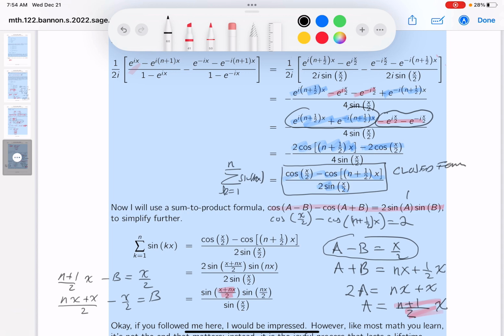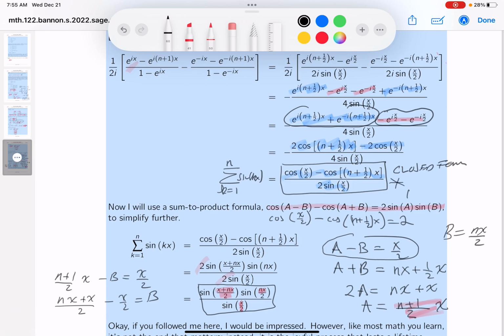And where's that written? That's what B is, by the way. The B is nx over 2. Where's that written? Right over here. We get everything written down. And the 2's cancel. Yeah, things are fine. I'm going to say this is a better form. It's better than this one over here, but they're both closed form.